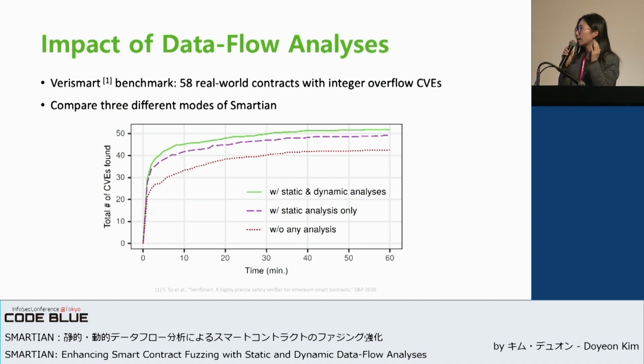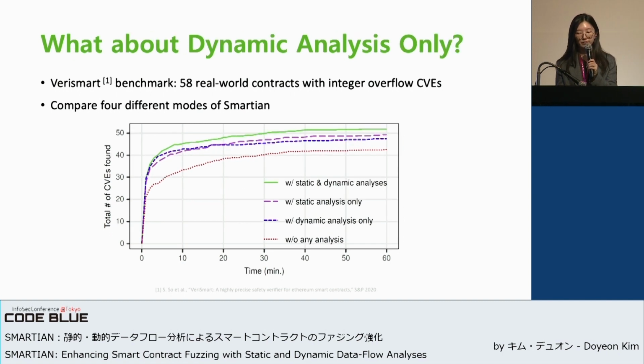And lastly, the third one runs with both static and dynamic data flow analysis, and this is the default mode of Smartian. And the graph shows that Smartian can find bugs more effectively when both of the analyses are enabled.